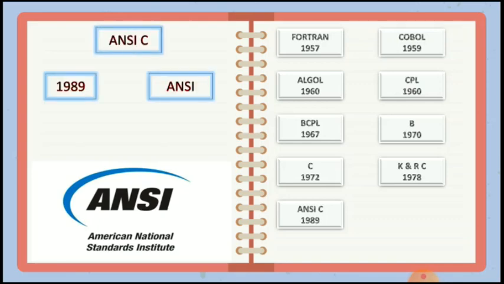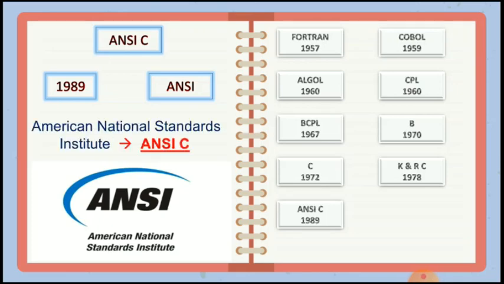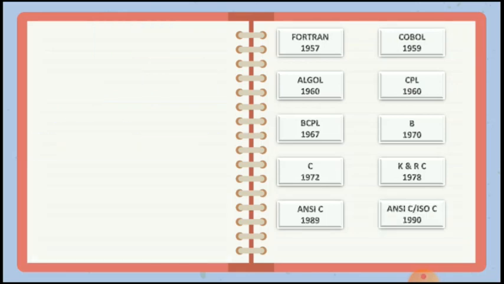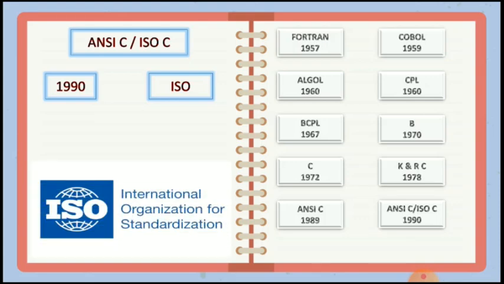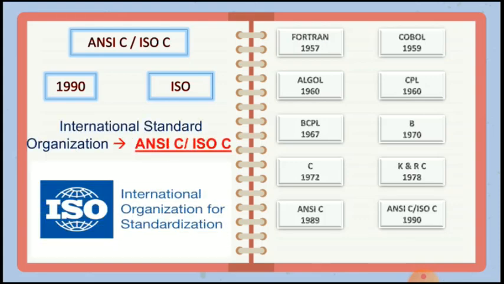Finally, in 1989, the standard for C language was introduced, known as ANSI C, which was again updated in 1990, which was approved by ISO. ISO means International Organization for Standardization, and the name given is ANSI C or ISO C.